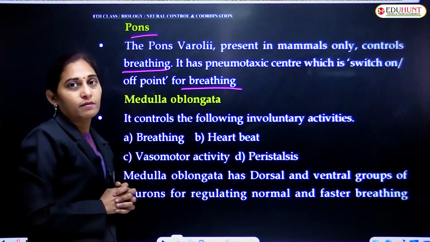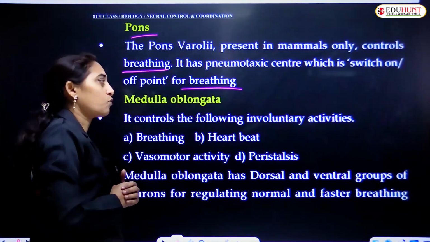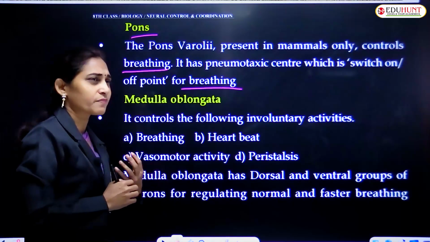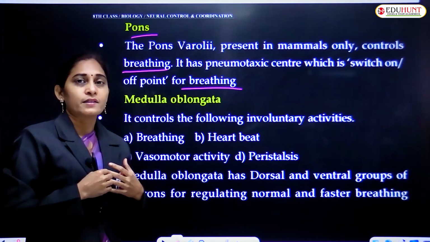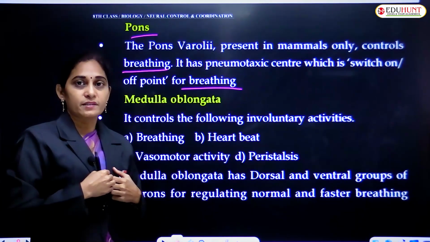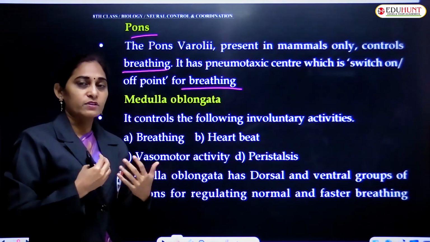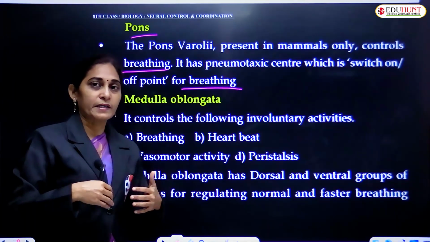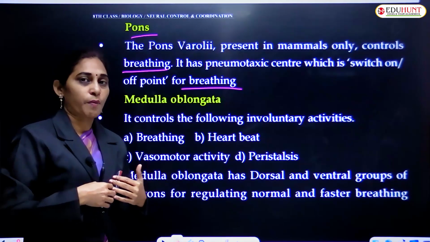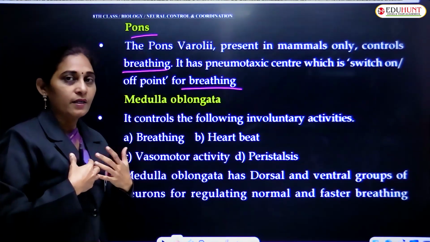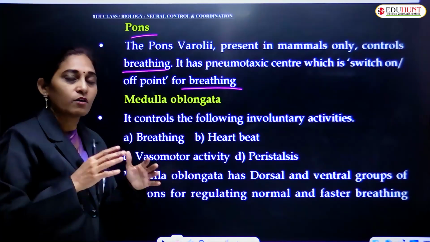Medulla oblongata controls the involuntary activities like involuntary breathing. Involuntarily we breathe; intentionally we can't do it. Without involvement, we breathe, and even the heartbeat. We can't stop the heartbeat; it continuously goes on.